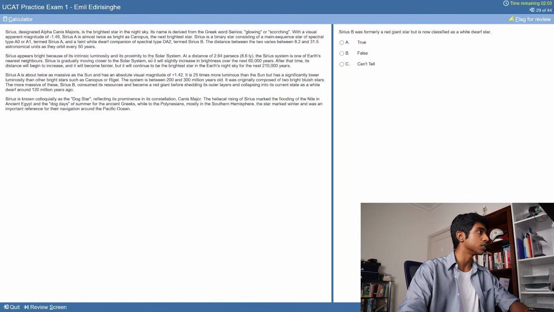Sirius appears bright because of its intrinsic luminosity and proximity to the solar system. System is between 200 and 300 million years old, composed of 2 bright bluish stars. Sirius B consumed its resources and became a red giant before shedding its outer layers. Okay, so that's true. White dwarf, yeah.